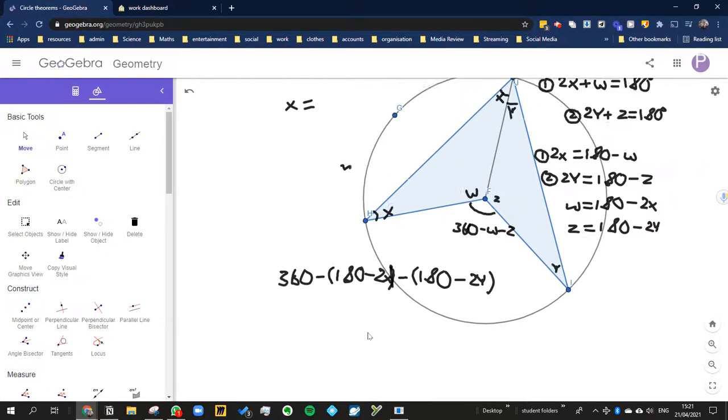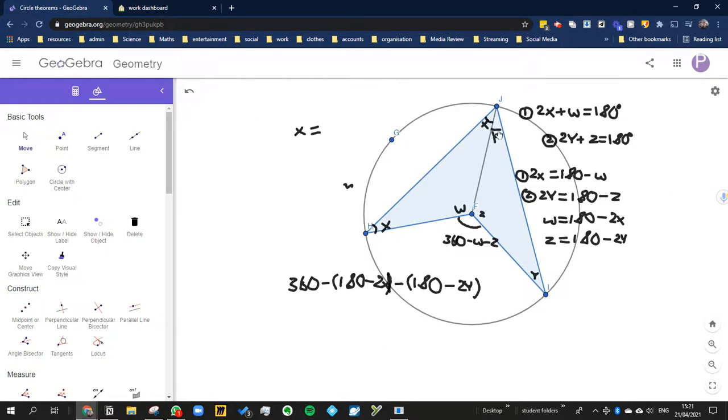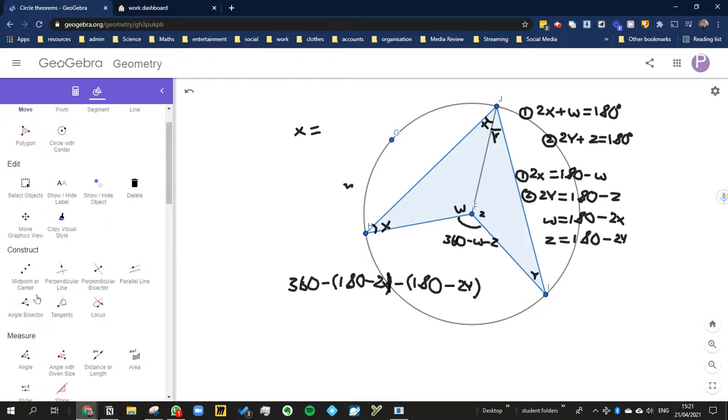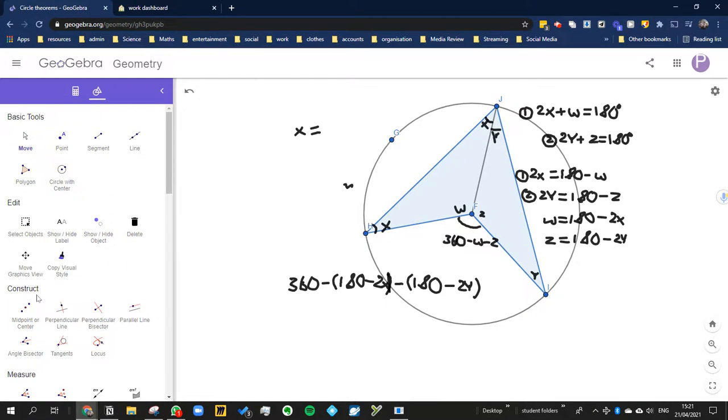And what we should find is it's going to be equal to 2 lots of that. So it's looking pretty good actually, because we want it to eventually equal 2x plus 2y. Some of you might be able to do this in your head, and you'll be able to see that that is what it's going to be equal to.